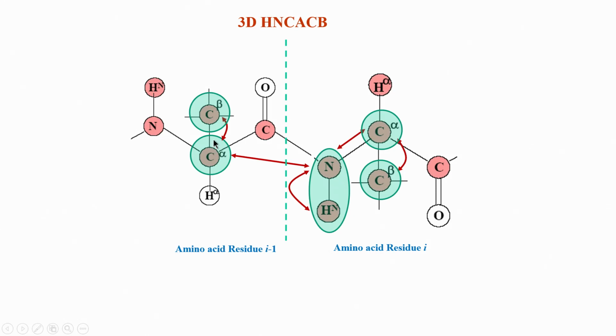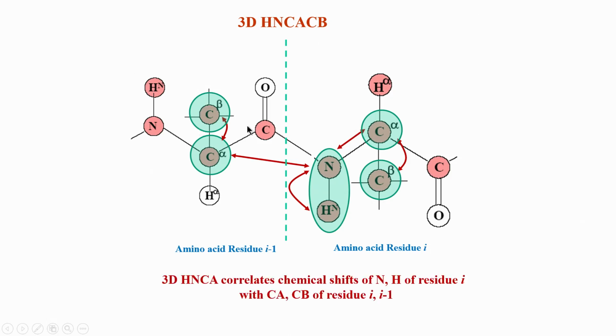In HNCA, we did not go to C beta, we stopped here and then came back to nitrogen, but here we will go one more step, so that we get this chemical shift also in addition to this chemical shift. So, we are getting more information in HNCA-Cb compared to a 3D HNCA. It is a useful experiment because we get this very important C beta chemical shift information for two neighboring amino acids.